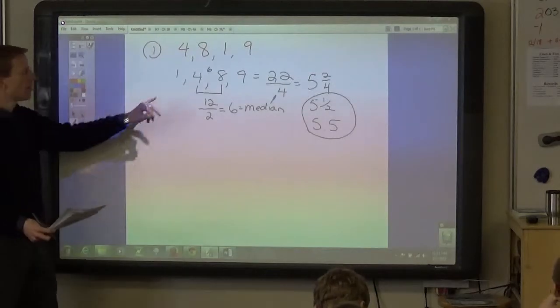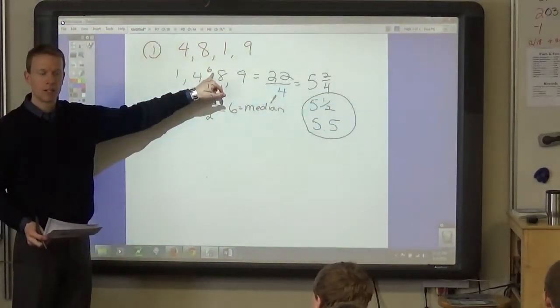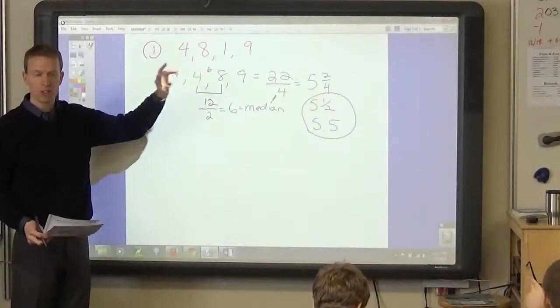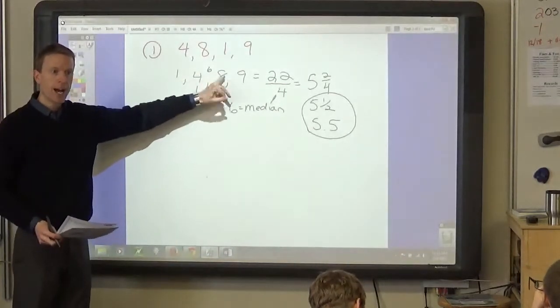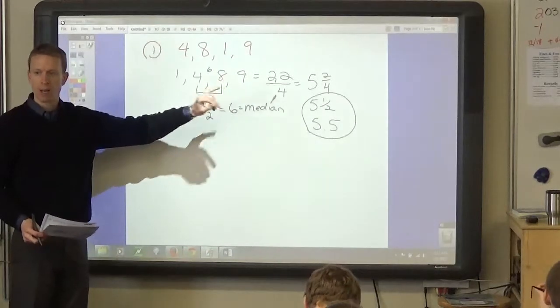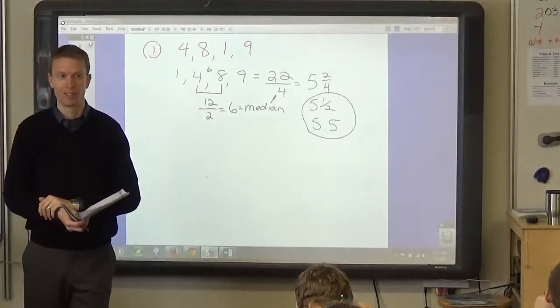Now, if it is the number listed, then you would use the number. If it is the middle number, then you would use that number. But if it's not listed, if there's an even number of numbers, then you'll find it by adding the 2 middle numbers and then dividing by 2. It's the mean of the 2 middle numbers.